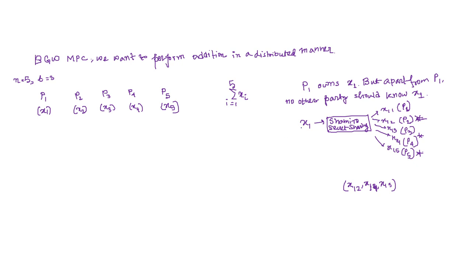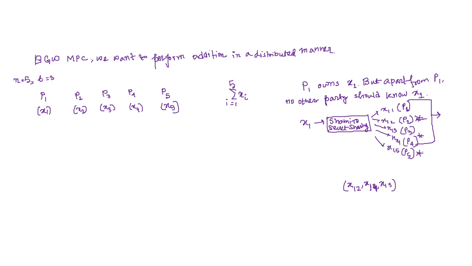Now x1 can be reconstructed back only if some t plus 1 parties come together. So when P1, P2, P3 and P4, let's say 4 parties, join hands, they will be able to reconstruct x1 by using x11, x12, x13 and x14.